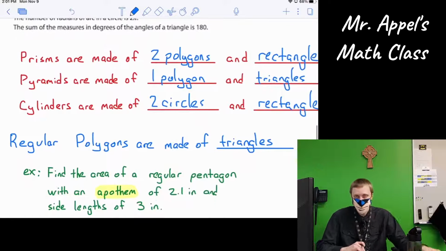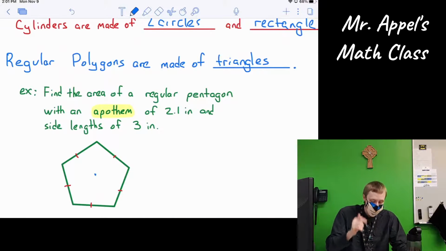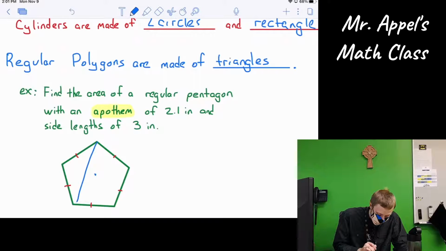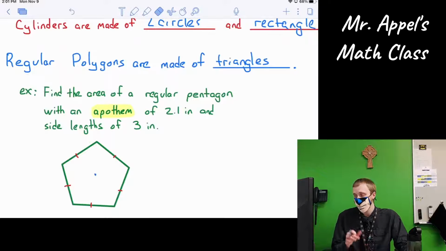Now, how does that help us? Well, you have to draw the triangles just right. Because if I draw my triangles like I did with the interior angles, something like this, here's my pentagon, I've got 3 triangles. I don't know the measures of these things. I have no idea how long that line is or what the height of this triangle is. That style does me no good.